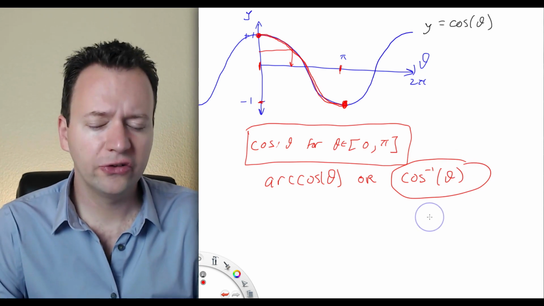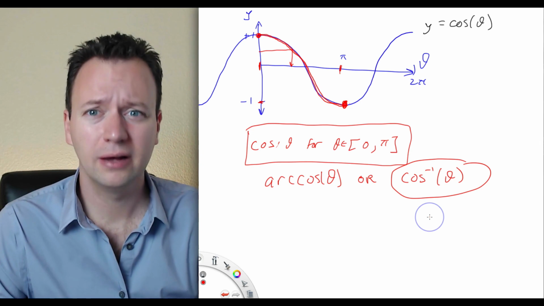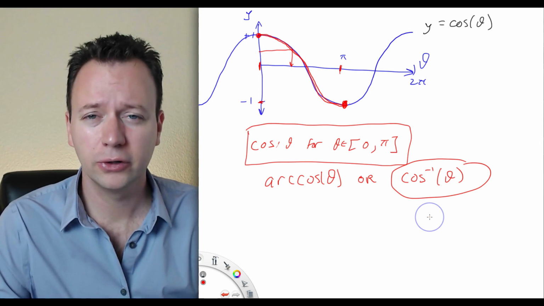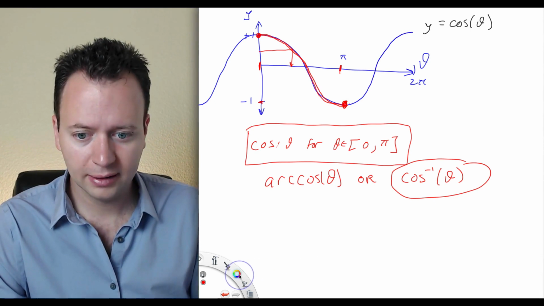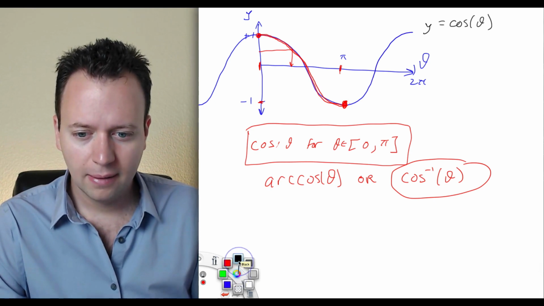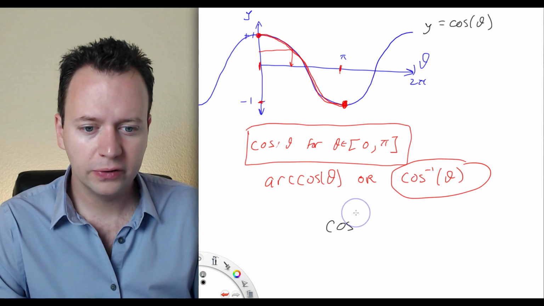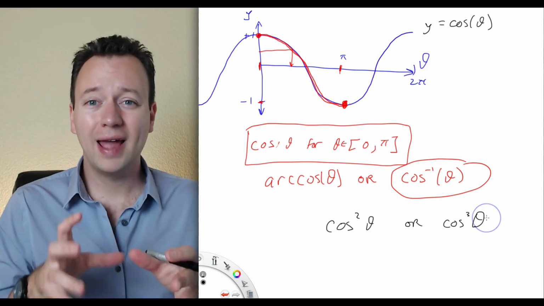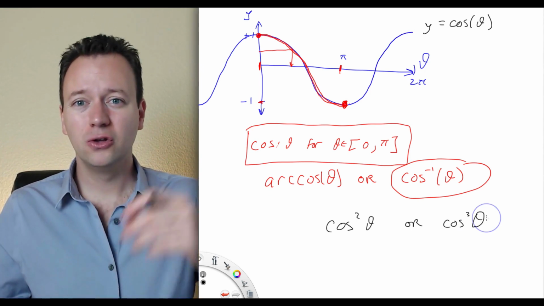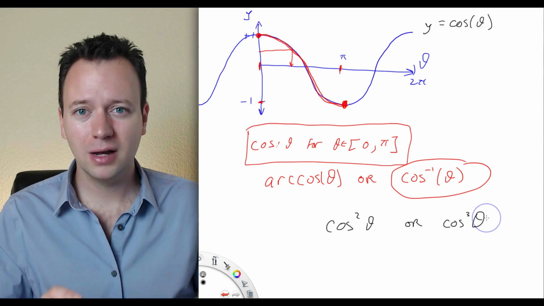Now, since this is the first time we're encountering this inverse cosine notation, or inverse trigonometric functions in general, there's a very important warning at this point that I'd like to bring to your attention. If we write cosine squared theta or cosine cubed theta, this is a shorthand for the function cosine of theta squared, cosine of theta cubed.